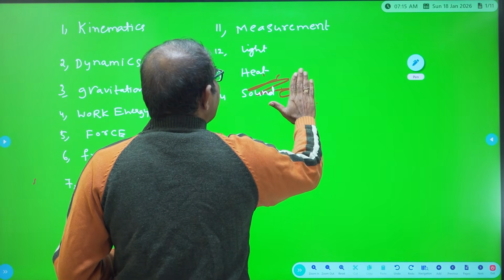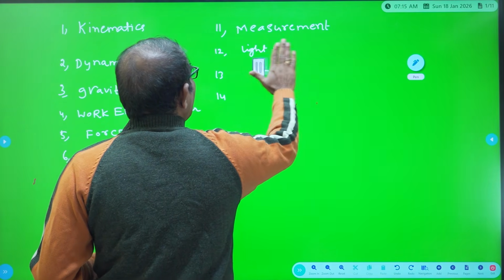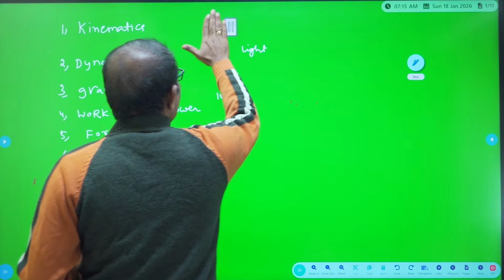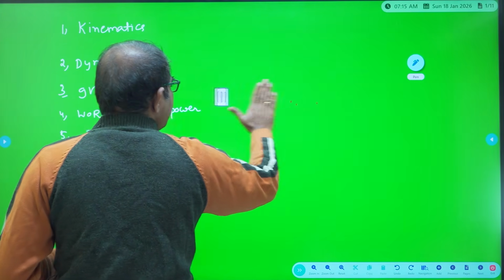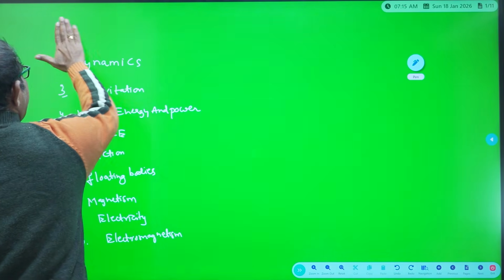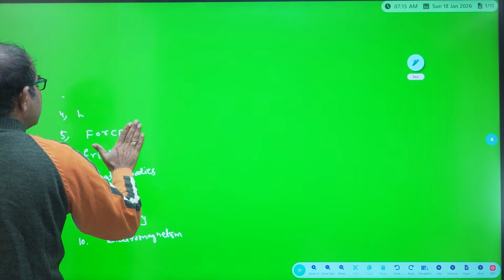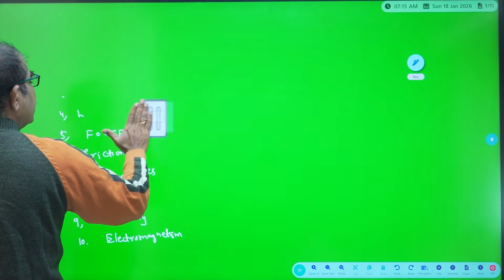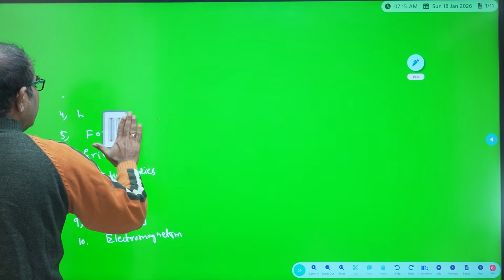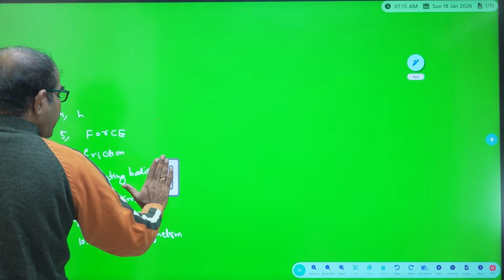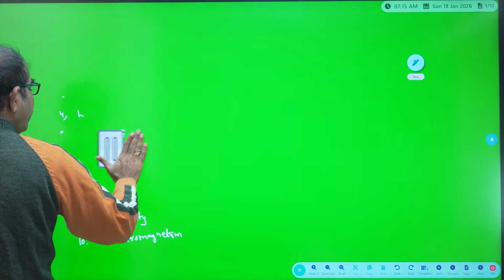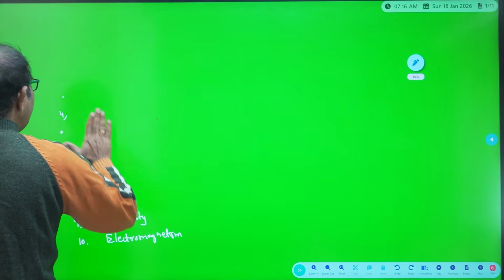What is the meaning of motion? The position of the body changes with respect to time and surroundings, then the body is said to be in motion.